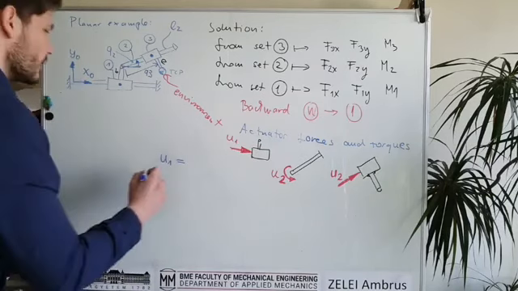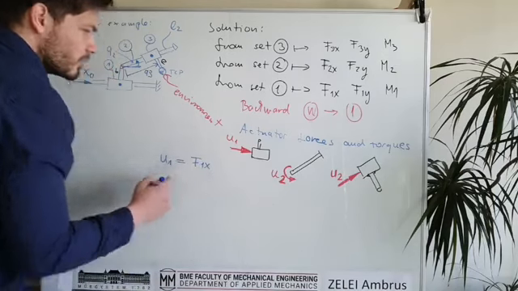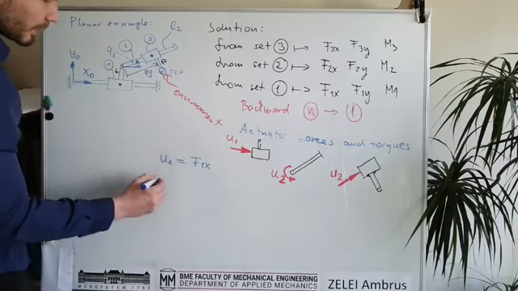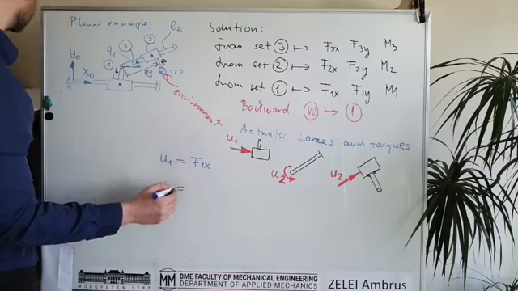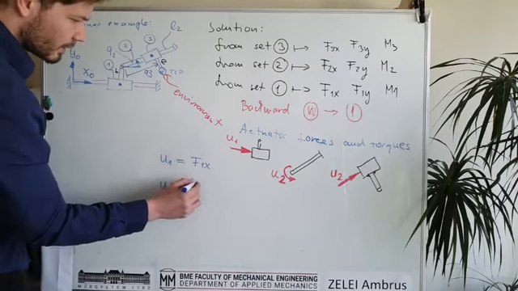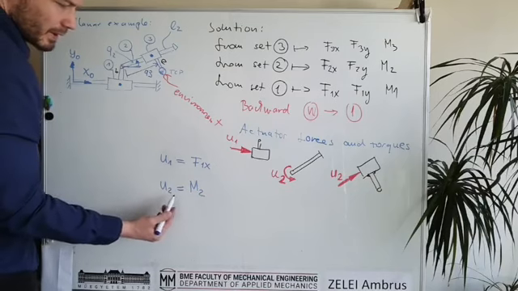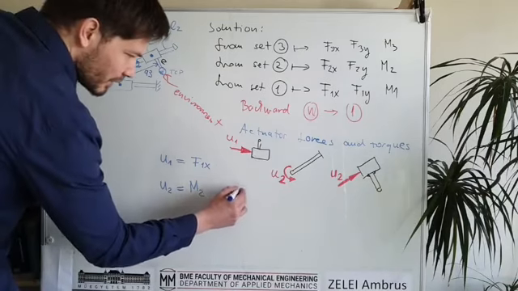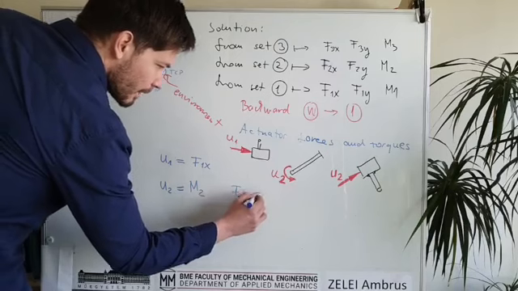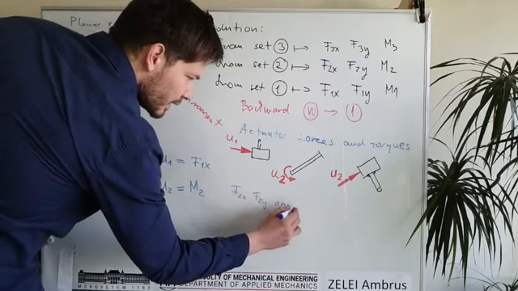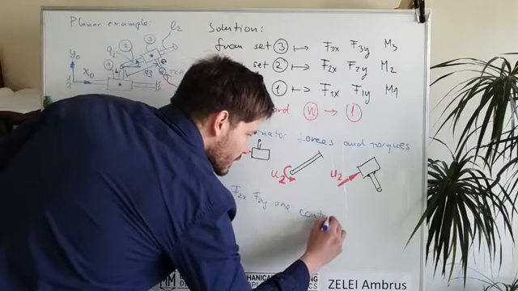So U1 is equal to the first joint force X component, U2 will be equal to the second joint torque, but this is only the actuator part.